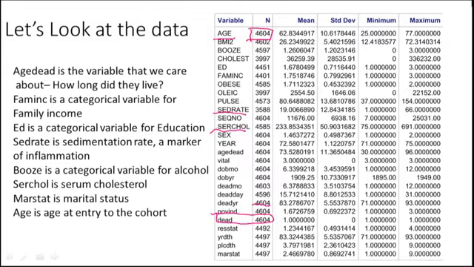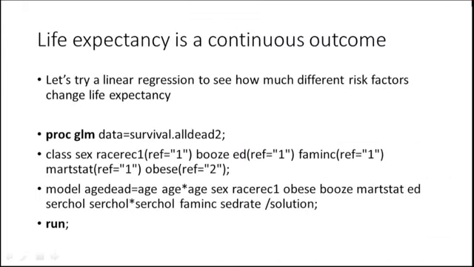Okay? So we've got this data, and we're looking at the age at which people died, the outcome they're interested in. In SAS, we can use proc-GLM. We could also use proc-reg, but proc-GLM allows you to use a class statement, so you don't have to generate your own dummy variables.